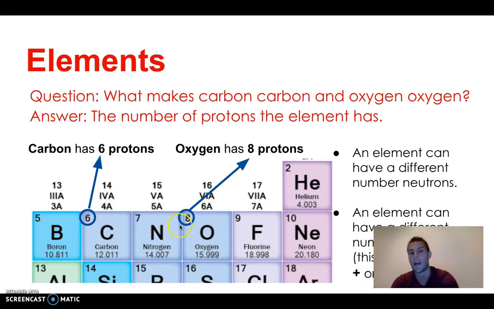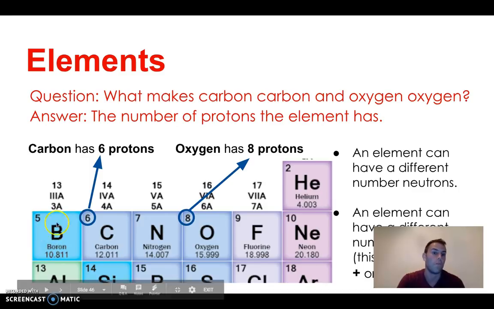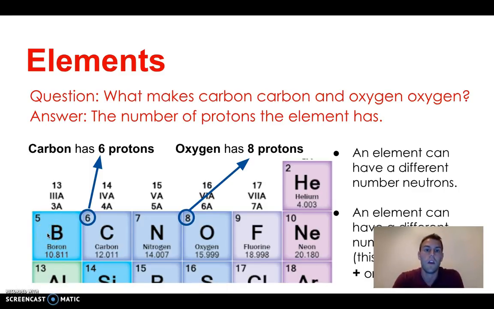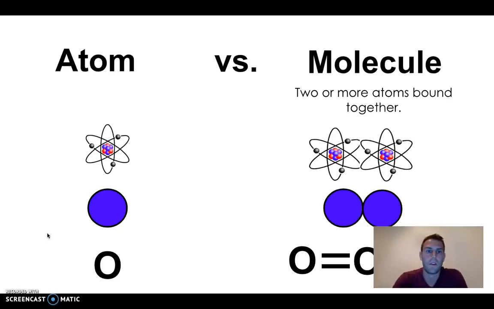If we move over to oxygen, you see an 8. That means oxygen has 8 protons. So what makes oxygen oxygen is the amount of protons it has, and carbon has 6 protons, so that makes it carbon. If carbon all of a sudden had 5 protons, it wouldn't be carbon anymore. It would be boron. So that's how we can figure out what the different types of elements are and what makes them different.